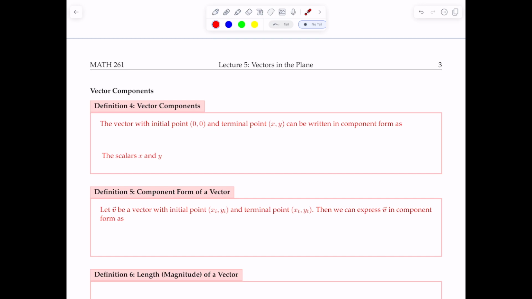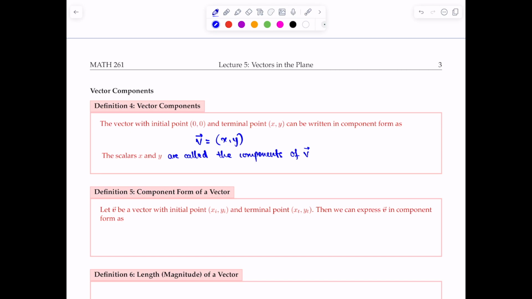So the vector with the initial point 0, 0, which is the origin, and the terminal point x, y can be written in component form as v equal to x, y. The scalars x and y are called the components of v.